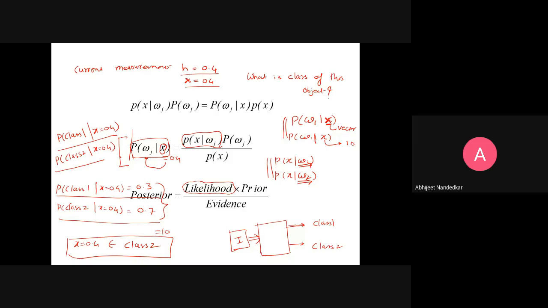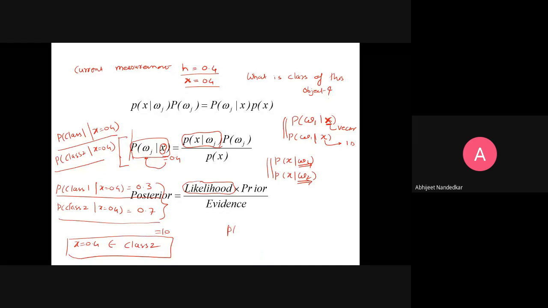So what this probability is talking about is the domain of class 1 and the domain of class 2. When I say probability of x given omega 1, it is talking about some domain omega 1. Within that domain, what is the chance that I will see x equal to, say, 0.4.